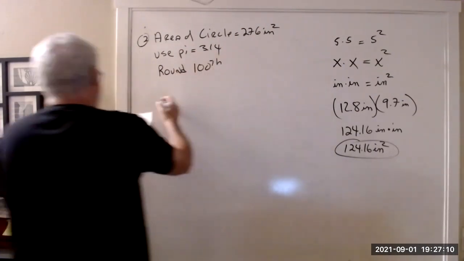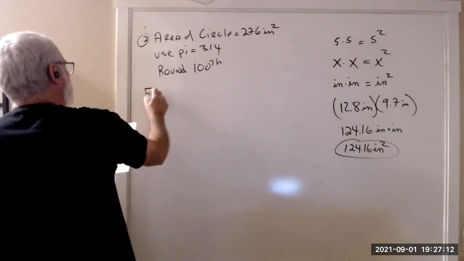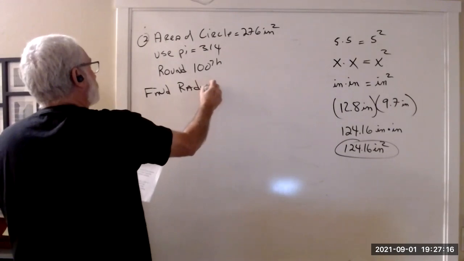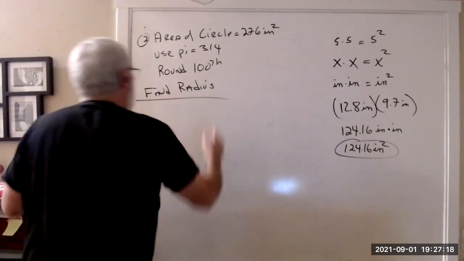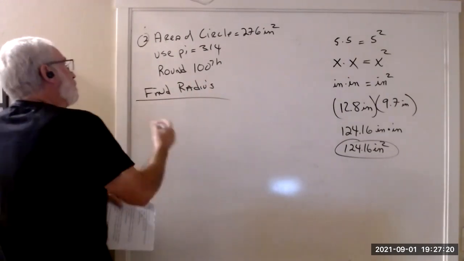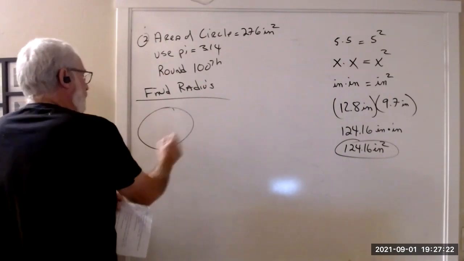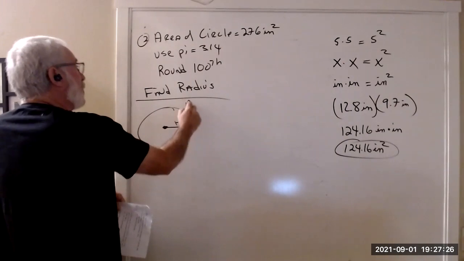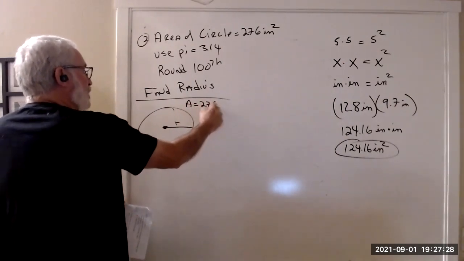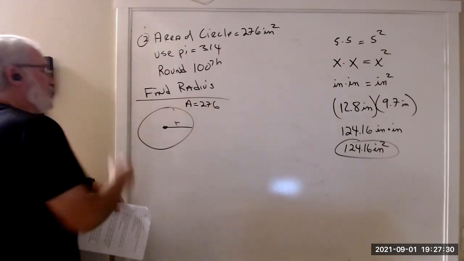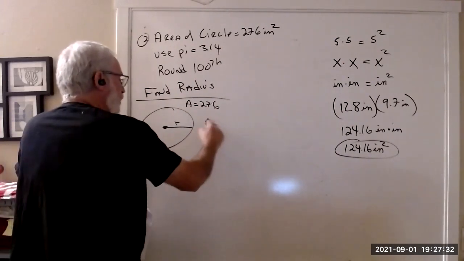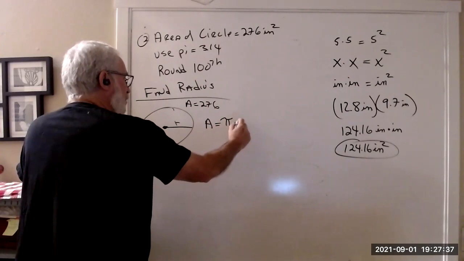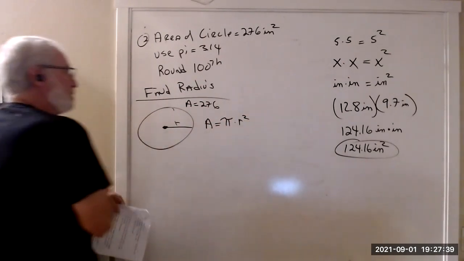And the first thing we want to do is find the radius. So the picture here, something like this, we want to find the radius. We already know the area is 276. So our formula is area is pi times the radius to the second power.